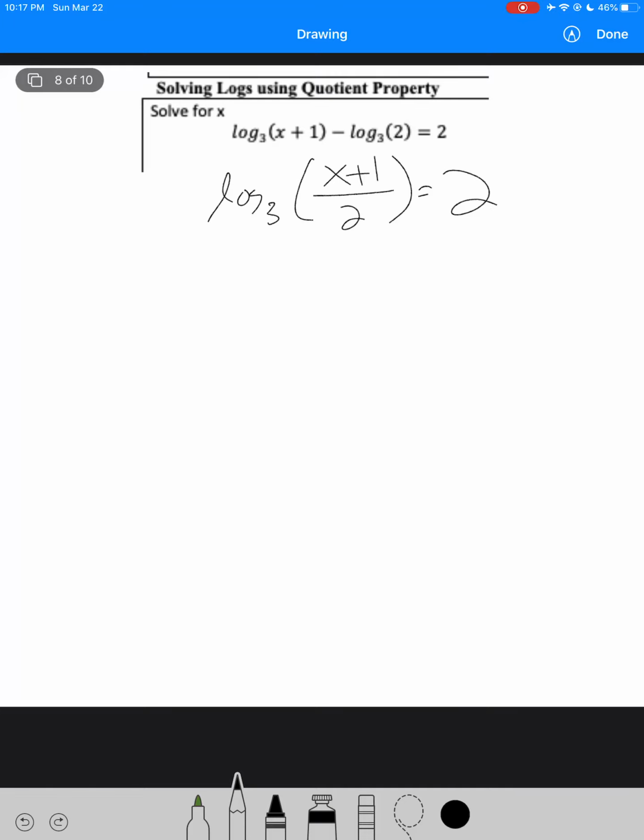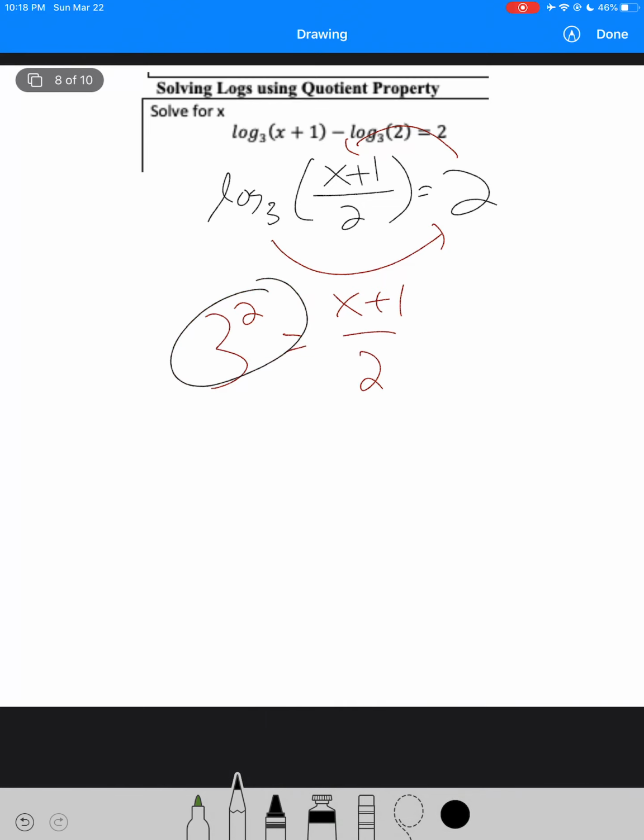Now, looking at this, we want to solve for x. So we see we can rewrite this in exponential. It would be 3 to the power 2 equals that. Then when we solve this, 3 squared is 9.